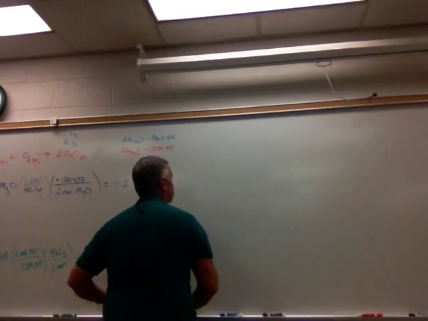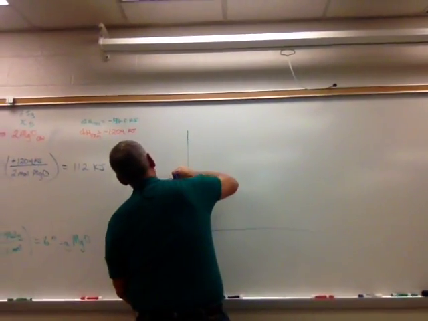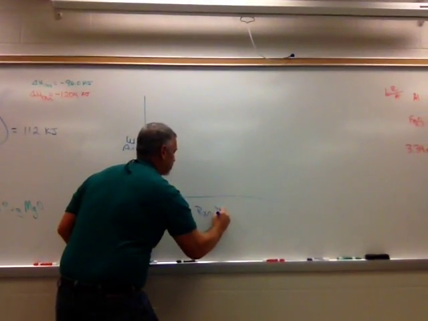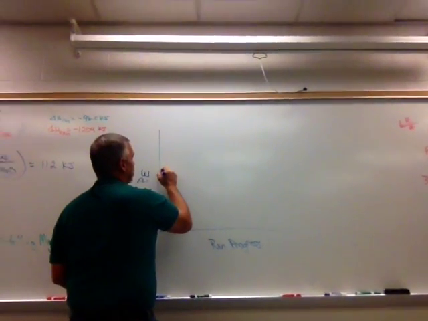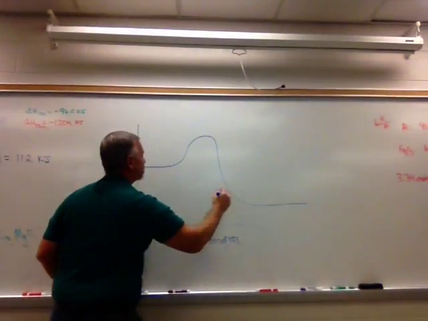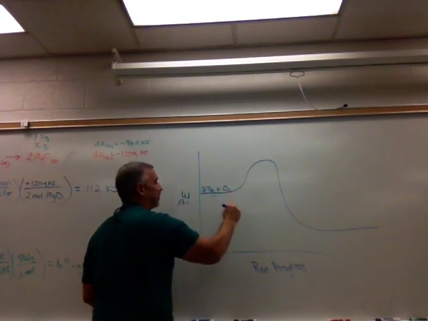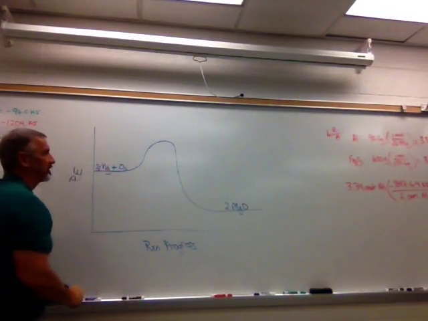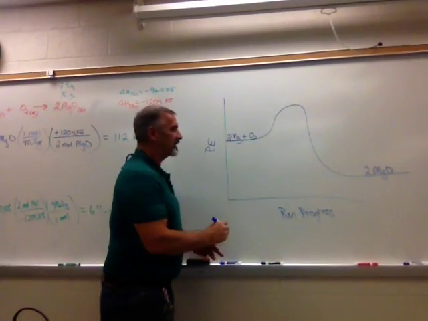So if we want to look at this graphically, with potential energy on the y-axis and reaction progress down here, the reactants go to products, so it's Mg plus O2 here going to 2 MgO here. So obviously the MgO has much less energy.